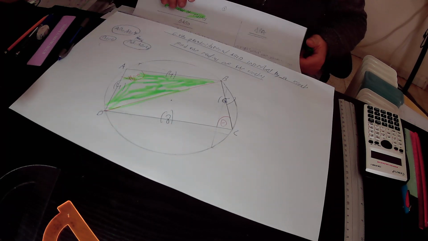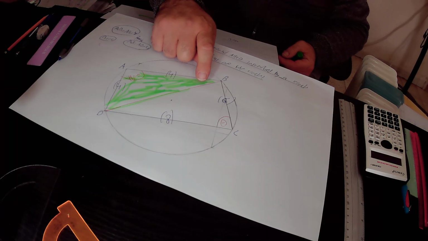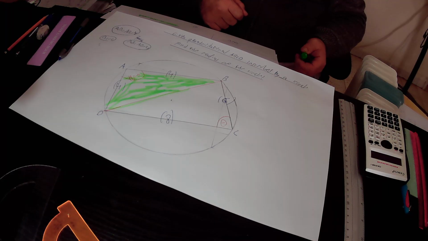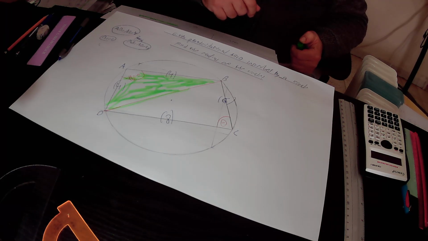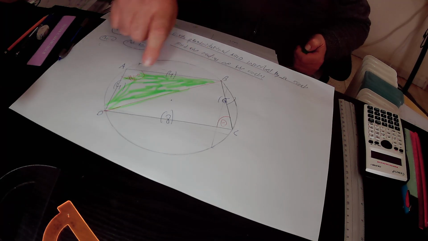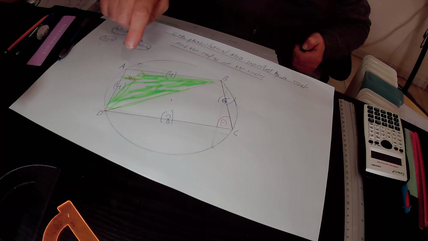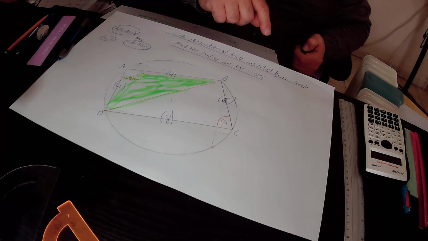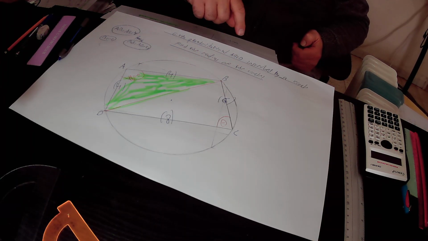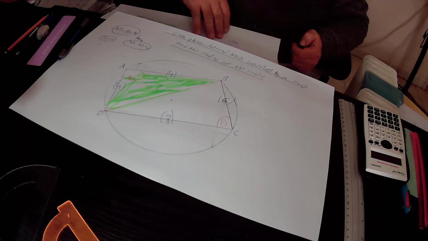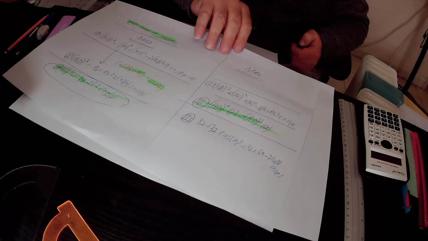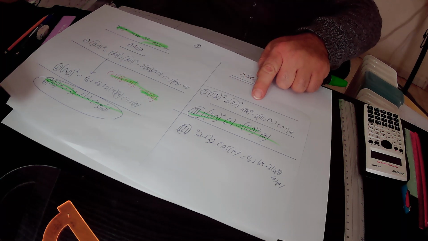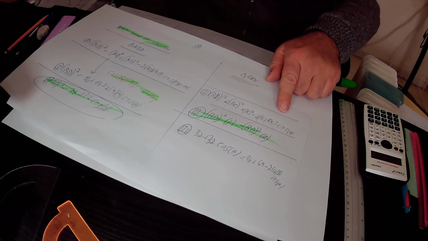The next step, we implement the law of cosines in this lower triangle BDC. According to the law of cosines in this triangle BDC, the following equation is true: BD squared equals BC squared plus DC squared minus 2 times BC times DC times cosine theta.